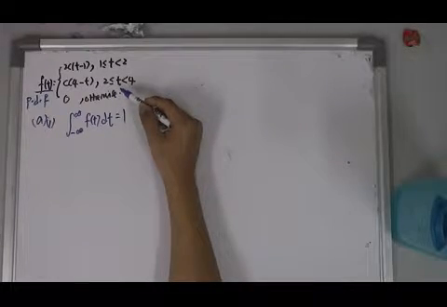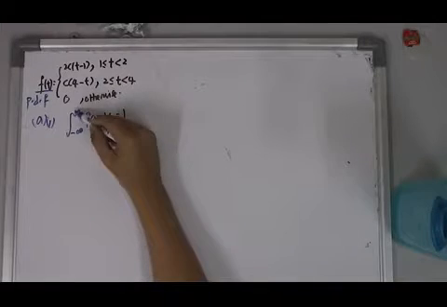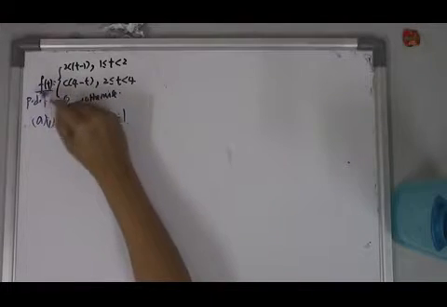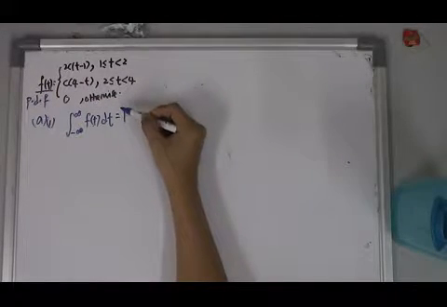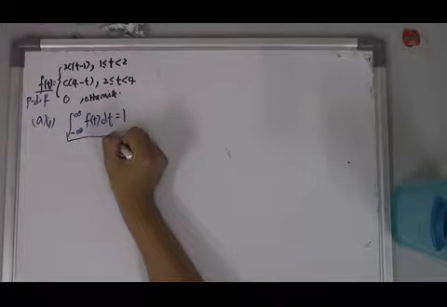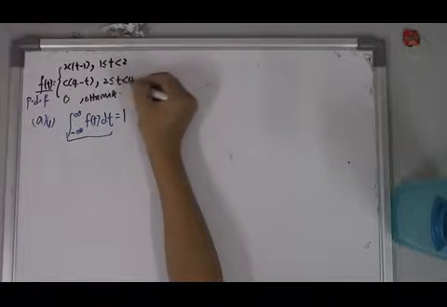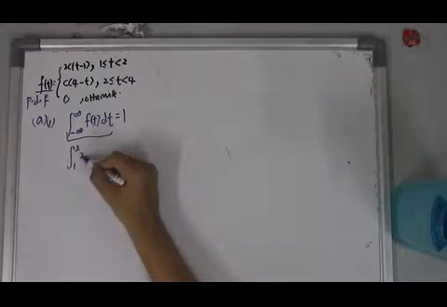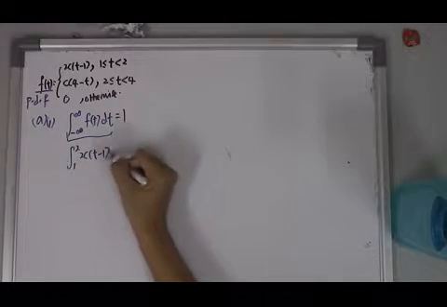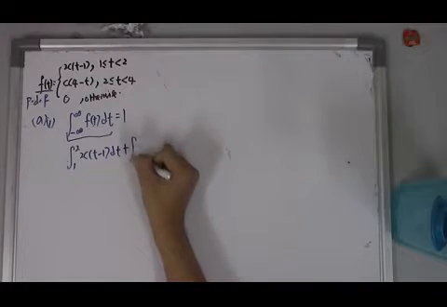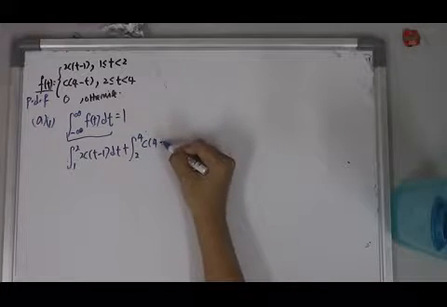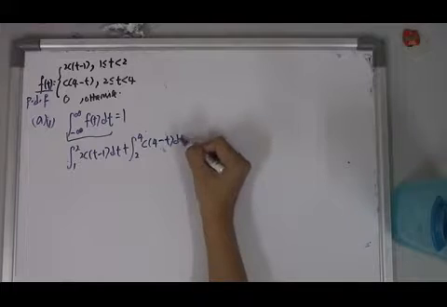This applies only to a continuous random variable. If you integrate over all the intervals belonging to the probability density function, you will get 1. So what is the meaning of this? It means you integrate from 1 to 2 of 2c(t minus 1) dt plus from 2 to 4 of c(4 minus t) dt.